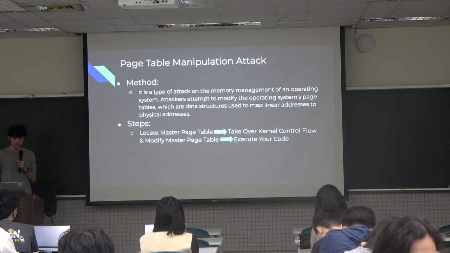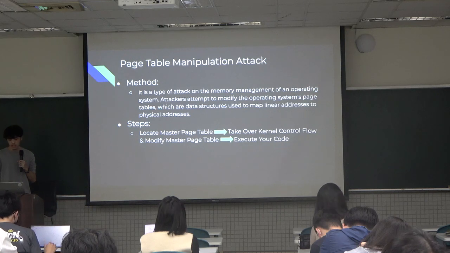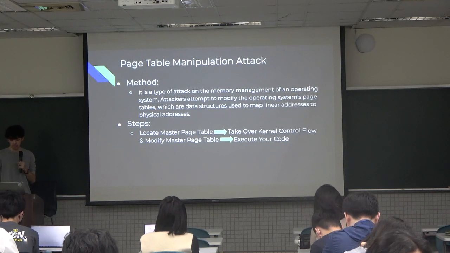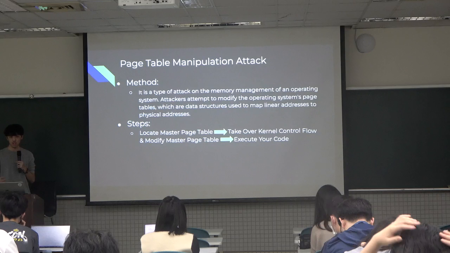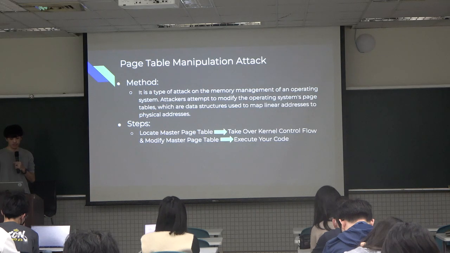This method can neglect most of the modern defense mechanisms like memory permissions, and it also provides the convenience of using custom malicious code. You don't need to construct your code using existing kernel text, which is very convenient.